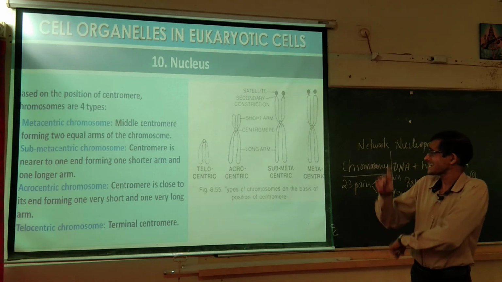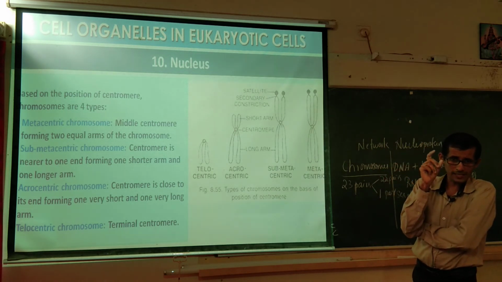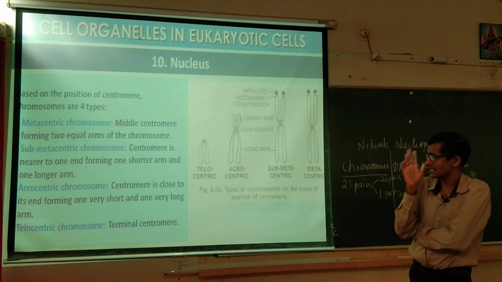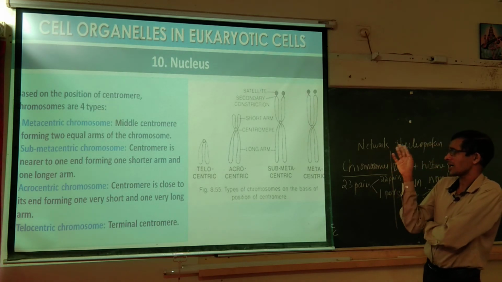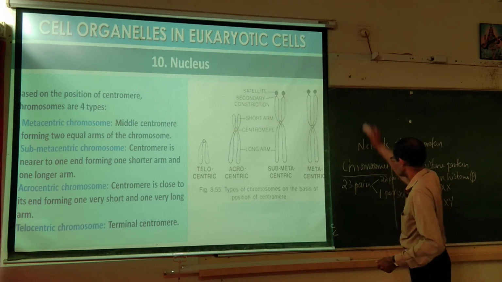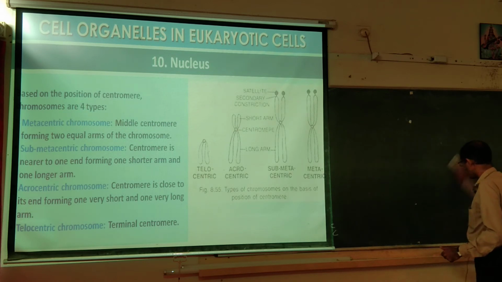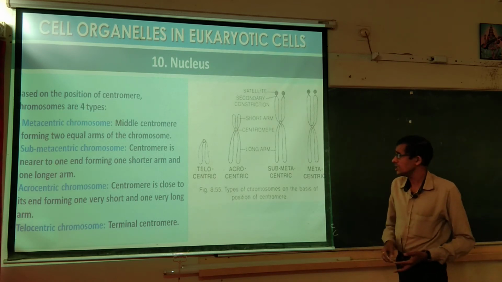Then, based on the position of the centromere, the central constricted part of the chromosome, chromosomes are of 4 types. Chromosomes can be classified into 4 types based on the position of the centromere.